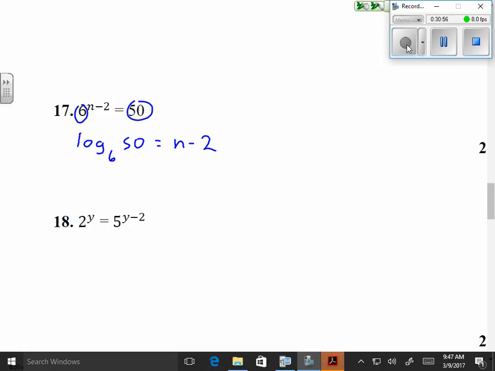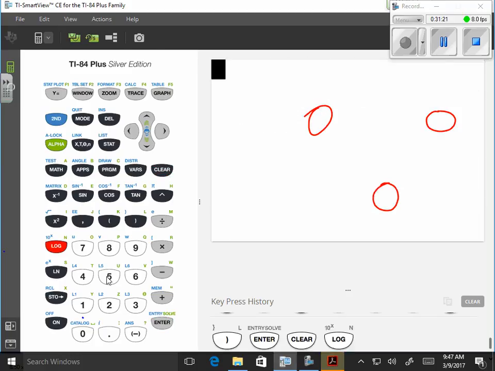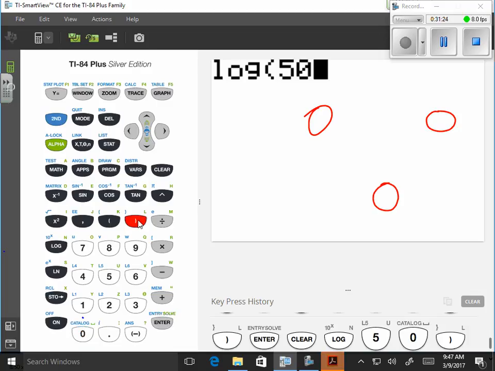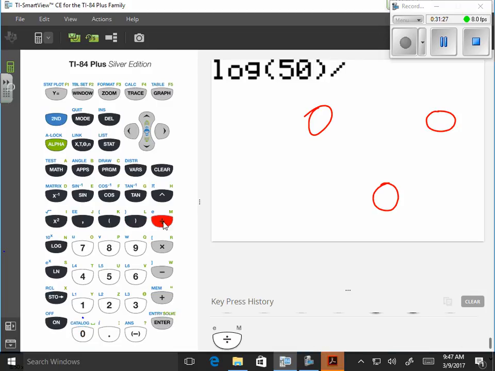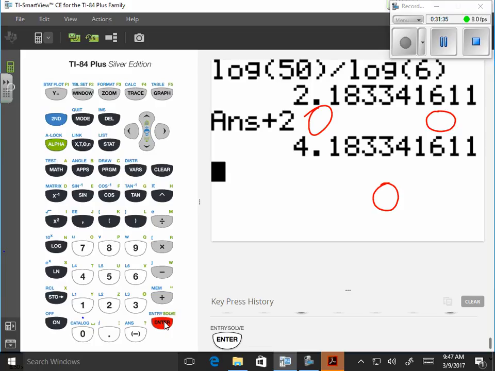We can put this in the calculator as log of 50 over log of 6, and then if we add 2 to that result, we get n. So log of 50 divided by log of 6, get an answer, and add 2. Log of 50 divided by log of 6, get an answer, add 2: 4.1833.